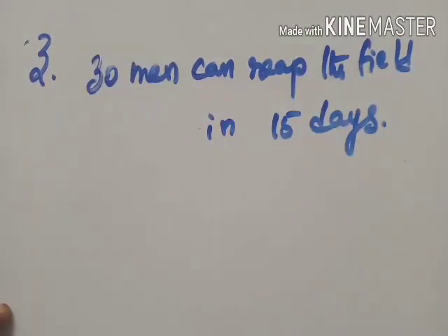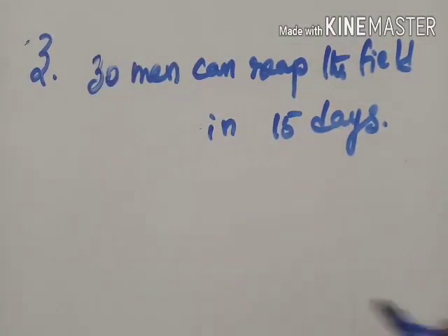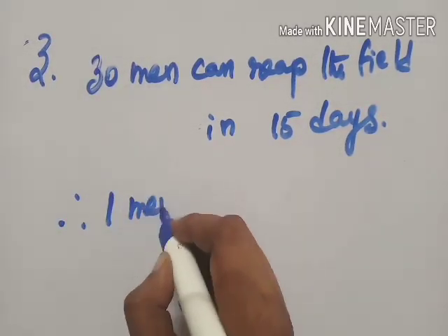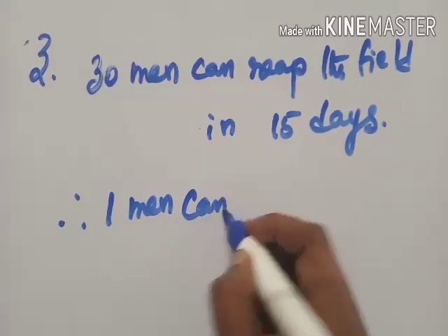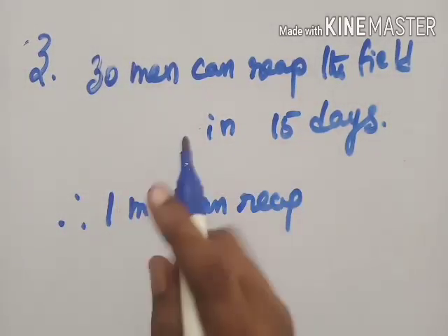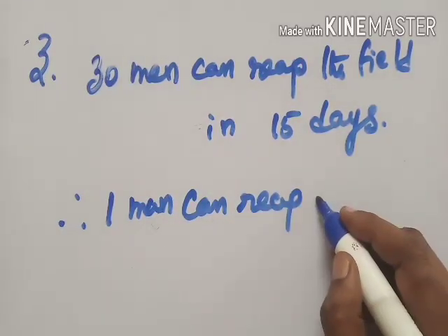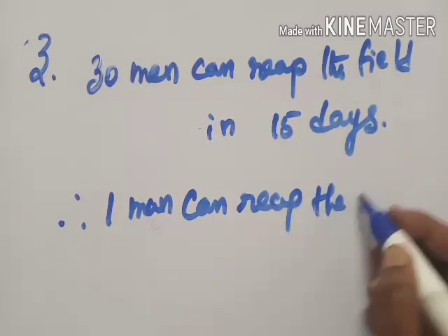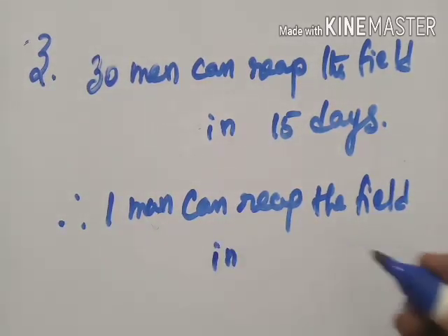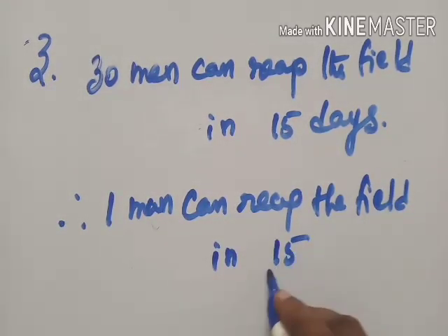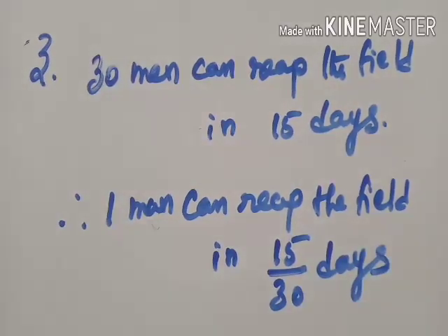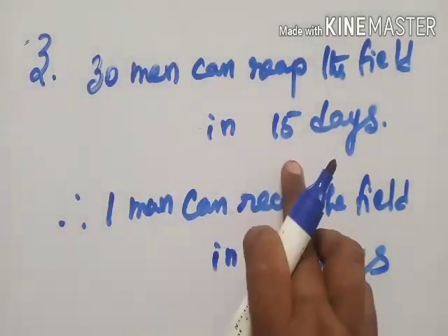So, first I am going to find out in how many days one man can reap the field, right? Therefore, one man can reap the field in how many days? 15 divided by 30 days. 30 men are doing the work in 15 days.